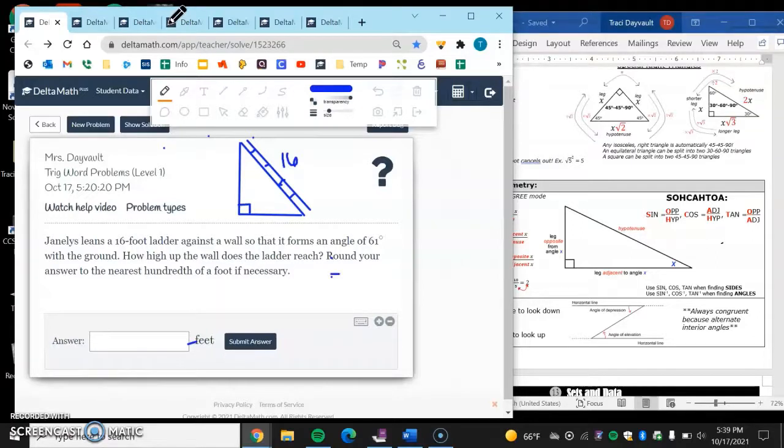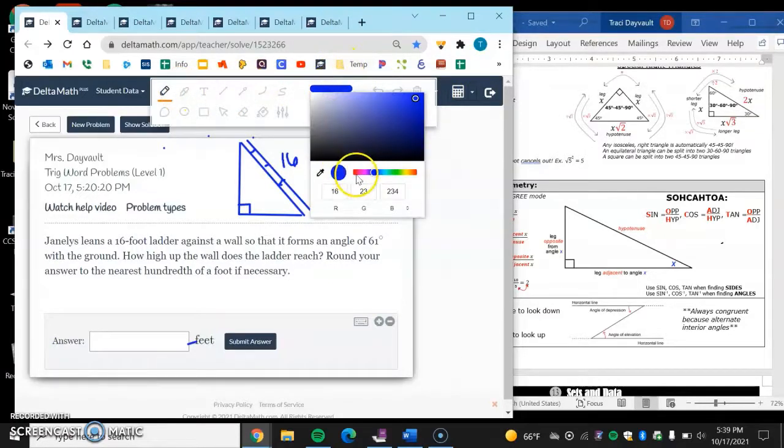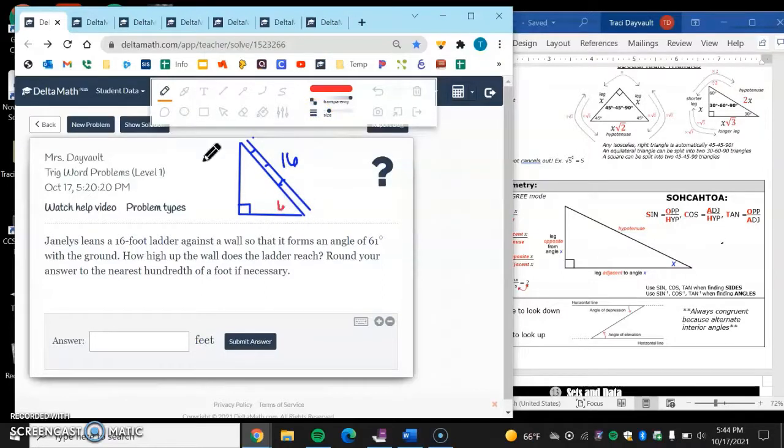And it forms an angle of 61 degrees with the ground. So let's think about where that 61 degree measurement would be, if it forms the angle with the ground. The 61 degree angle would be down in this corner because that's the angle it makes with the ground.